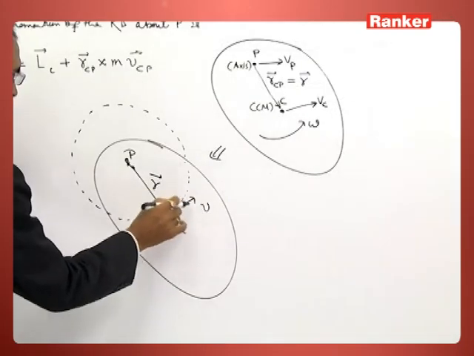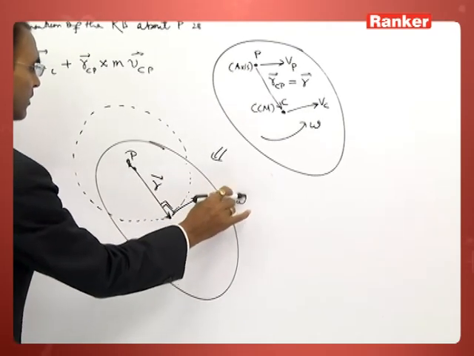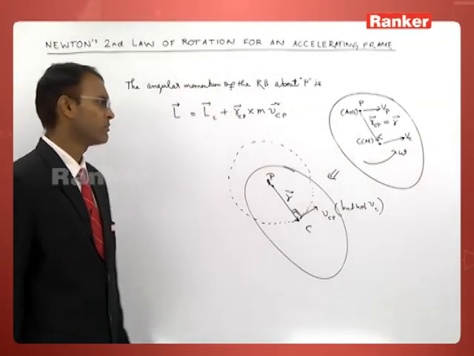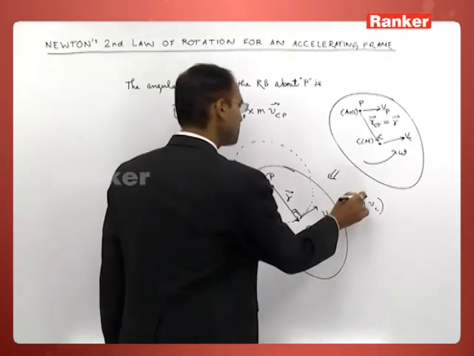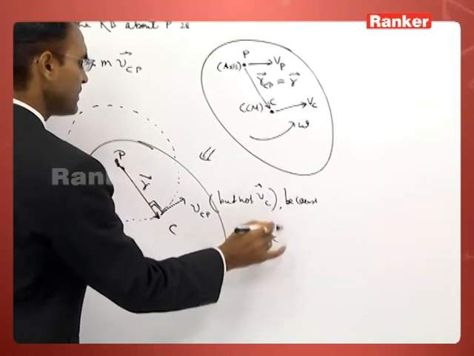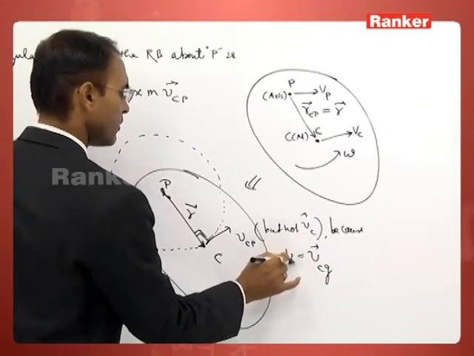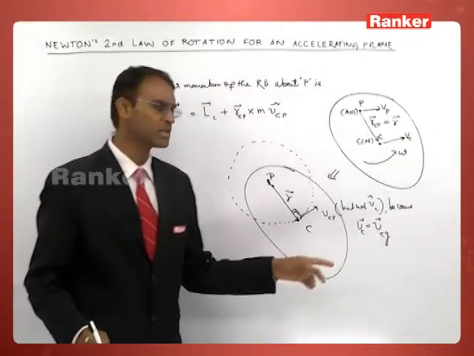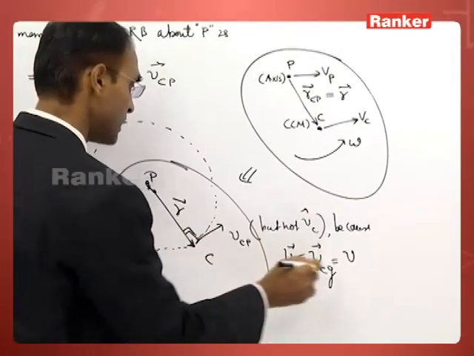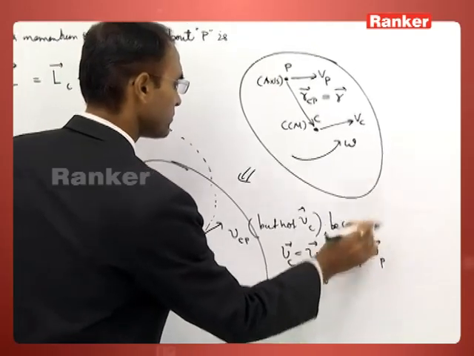Therefore, velocity of the center of mass with respect to the pivot, but not velocity of the center of mass, velocity of the center of mass with respect to ground. Because velocity of the center of mass with respect to ground, that is written as velocity of the center of mass, can be given as velocity of the center of mass with respect to the pivot plus velocity of the pivot.